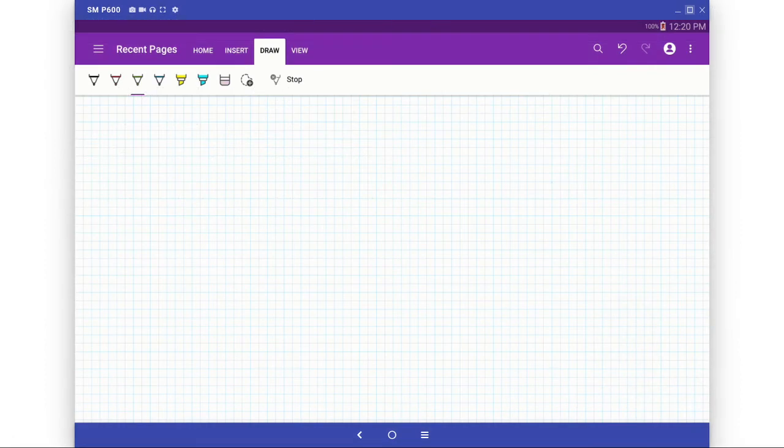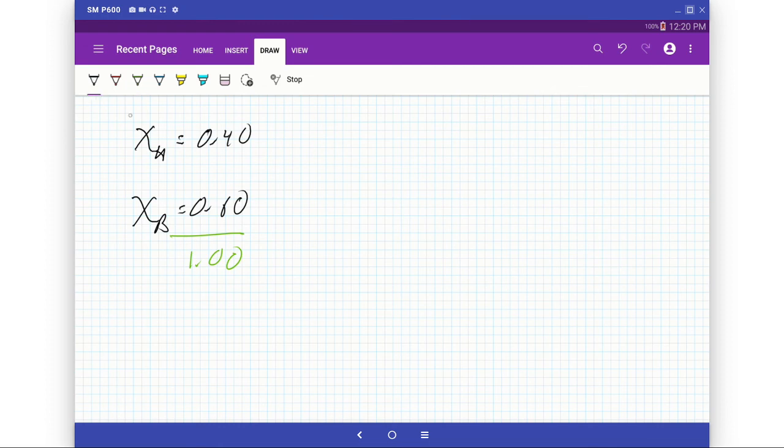So we have mole fraction of B, which would mean that the mole fraction of A would be 0.40 because the mole fraction of B is 0.60. These things, of course, add up to 1. So given the mole fraction of A, the partial pressure of A would be 0.40 times pure A of 23.6 millimeters of mercury, and that gives you 9.44.